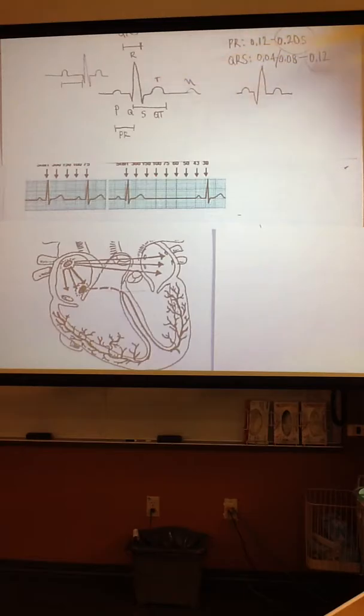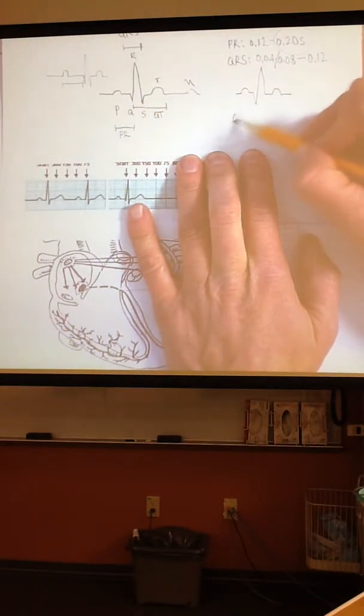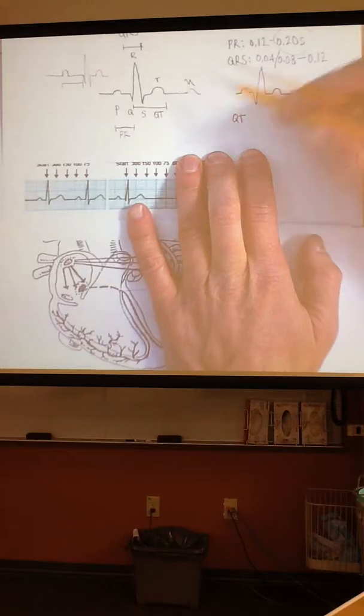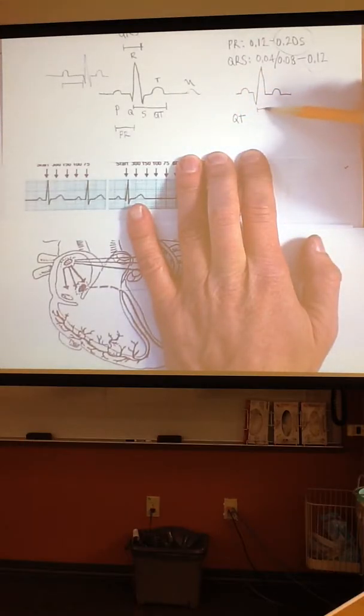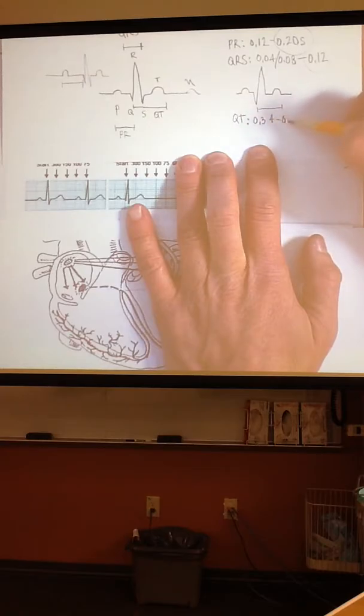And again, I'm not as worried about you knowing the length of the T wave. But an interval you should know is the QT interval. And this, I'll draw it again here. It's the start of the Q to the end of the T. And this QT interval should be about 0.34 to 0.43.